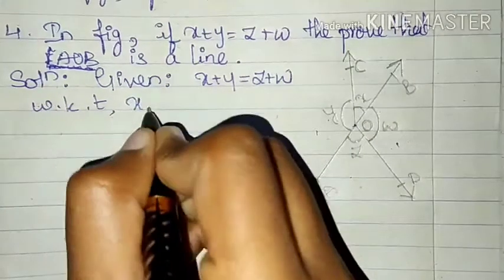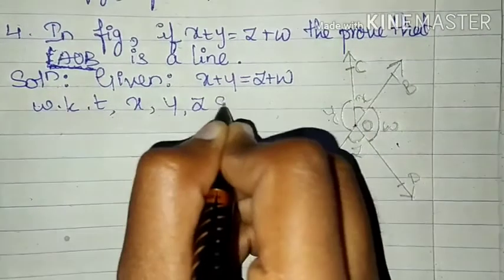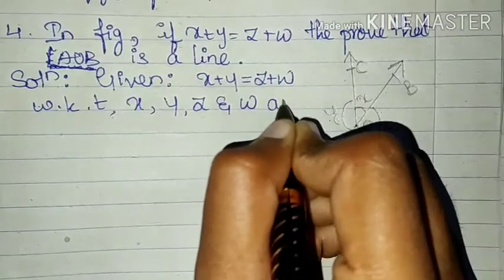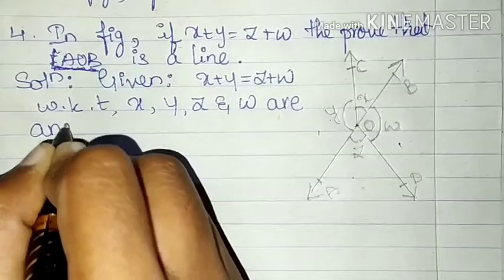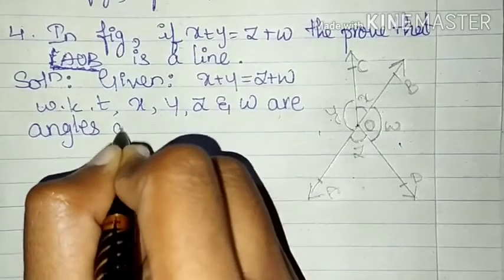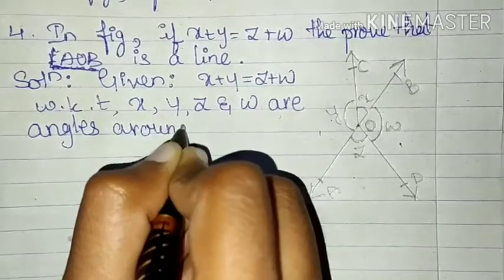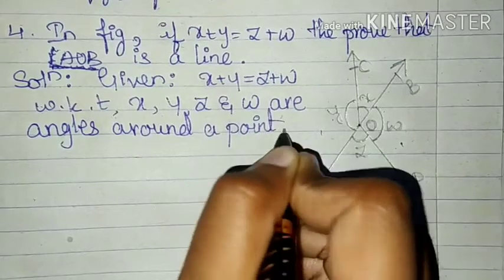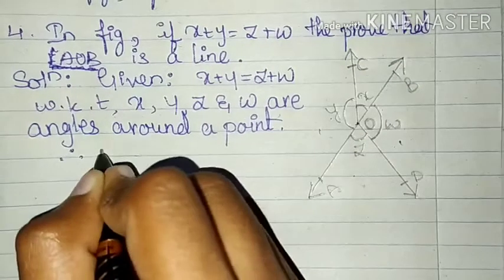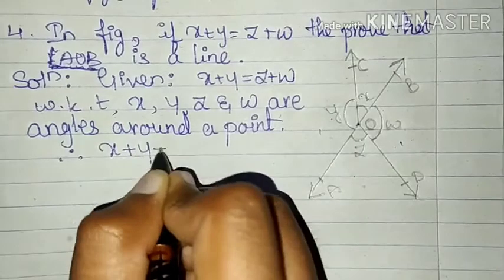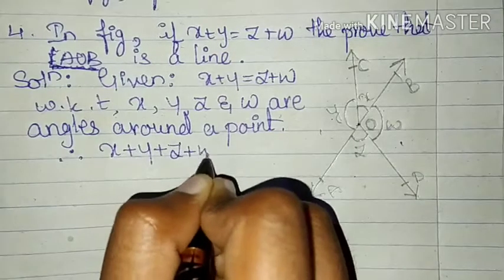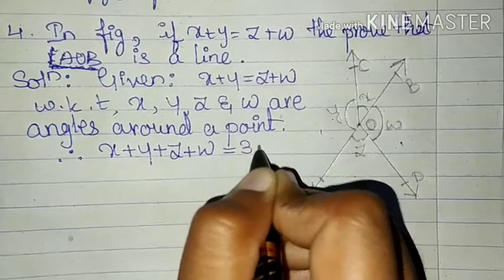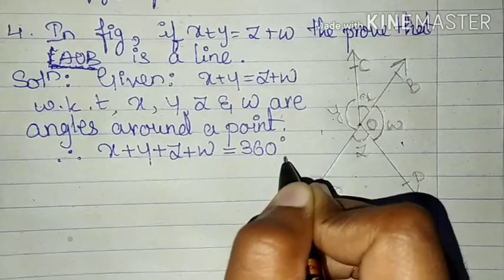We know that x, y, z and w are angles around a point. Therefore, x plus y plus z plus w is equal to 360 degrees.